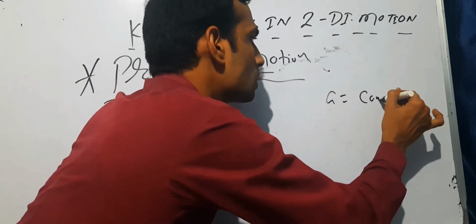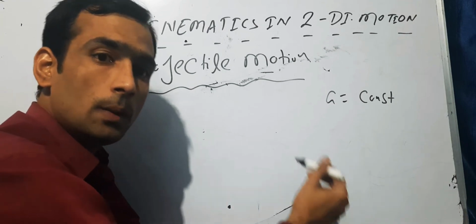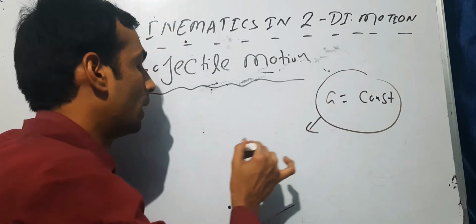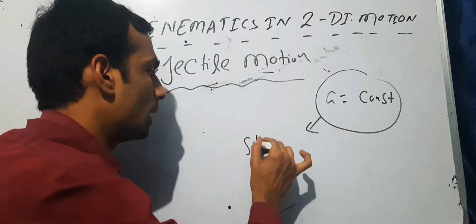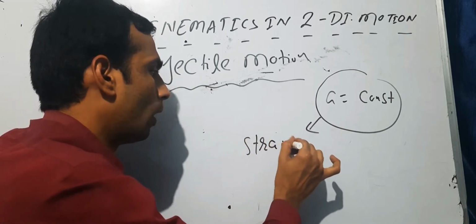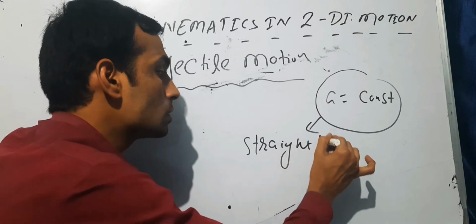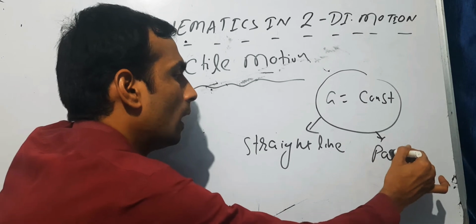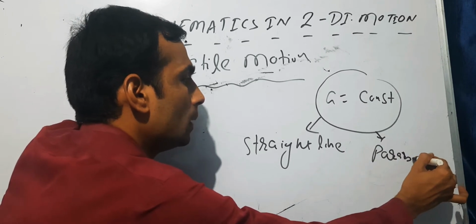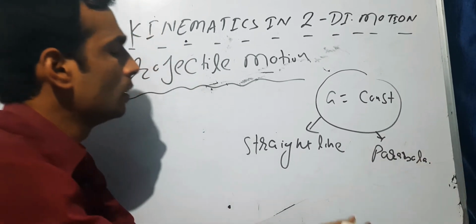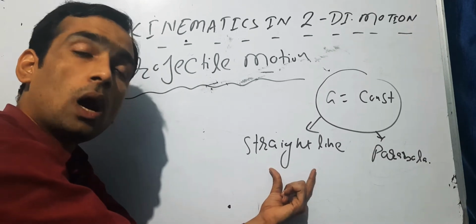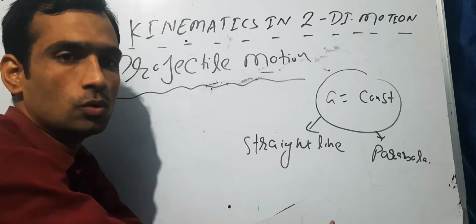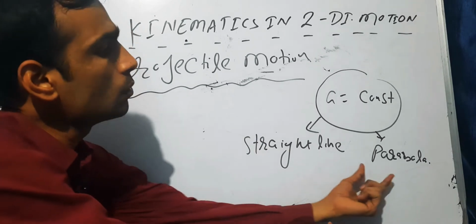Acceleration is constant. If acceleration is constant, student, there are two possible paths. One is a straight line, and another one is a parabola. The straight line I have already covered in the chapters of kinematics in one-dimensional motion.